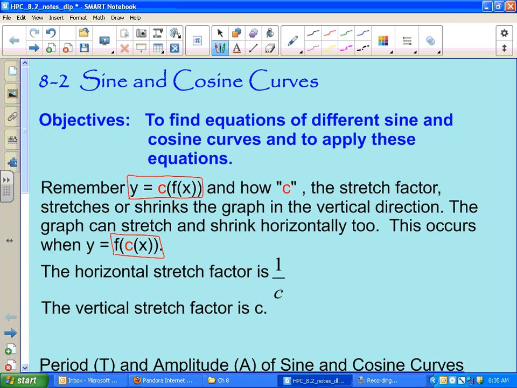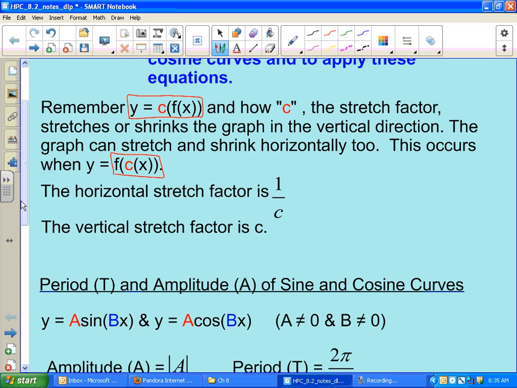Now when it says f of x, that means it can be any function, a cubic function, a quadratic function, a linear function. For example, on a quadratic, if we had y equal 3 times x squared, with the parentheses in there just for emphasis, the function f of x is x squared, and we have the 3 out in front of it as a coefficient.